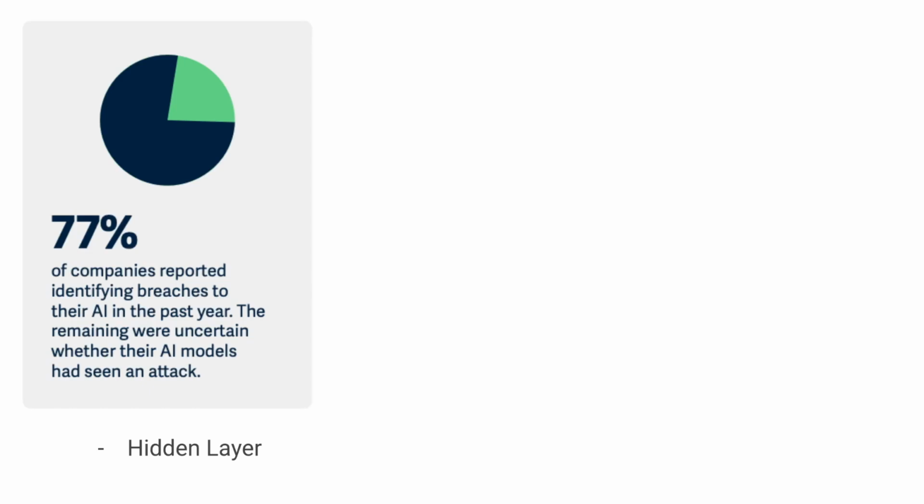According to a research company called HiddenLayer, 77% of companies reported identity breaches to their AI system in the past year. The remaining were uncertain whether their AI models have been attacked or not. This is a staggering metric.